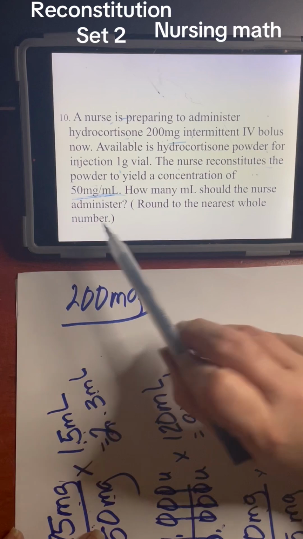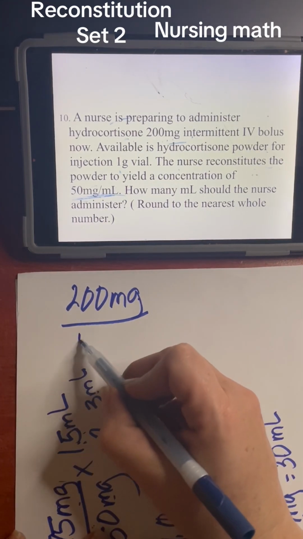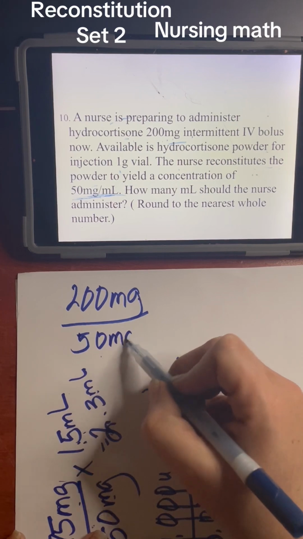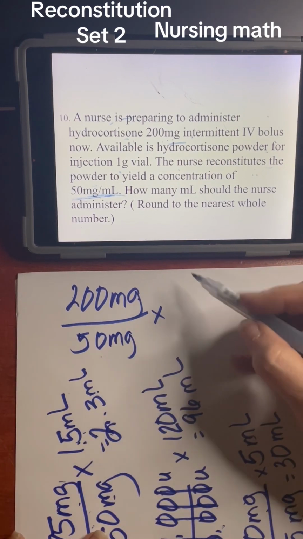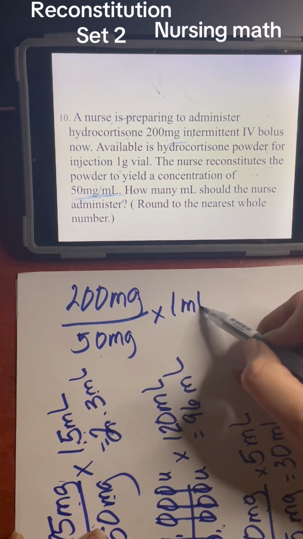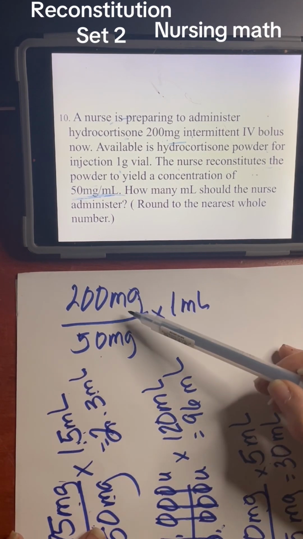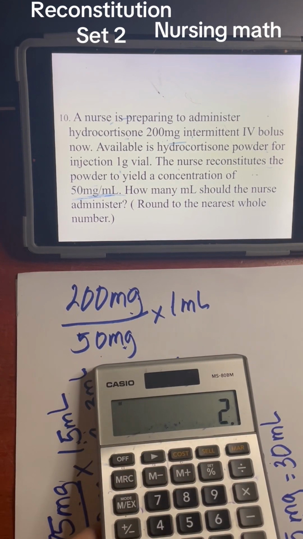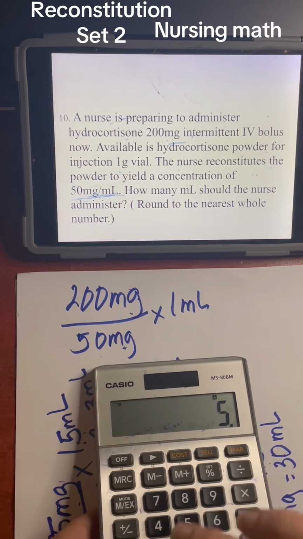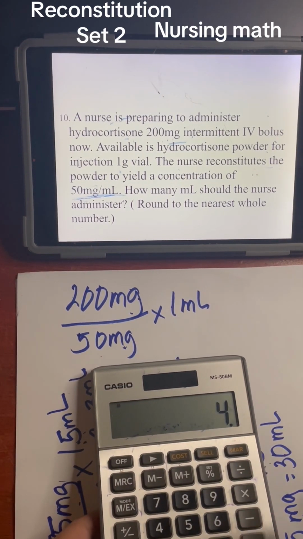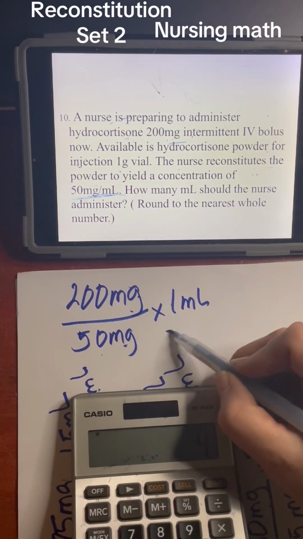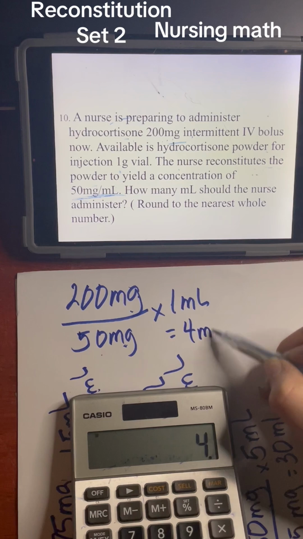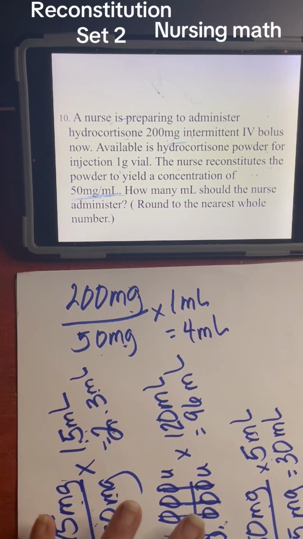So what milligrams have I got? 50 milligrams per 1 ml. And then we're going to do the math. This divided by that times 1. All right, 200 divided by 50 equals. And then times 1, it'd still be 4. It'd be 4 milliliters is what you're going to give.